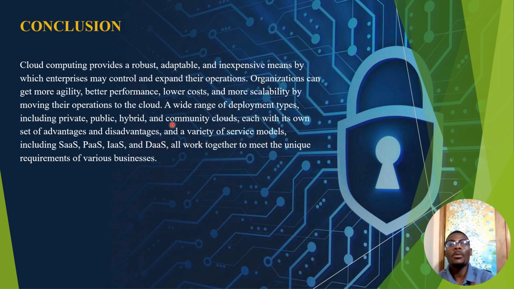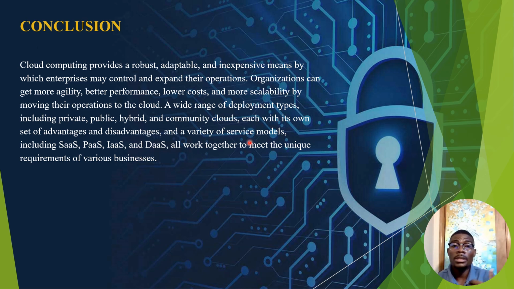We also have a wide range of deployment types, including private, public, hybrid, community cloud, each with its own set of advantages and disadvantages. Yes, that's why we're going through this presentation right now, to understand the advantages and the disadvantages.